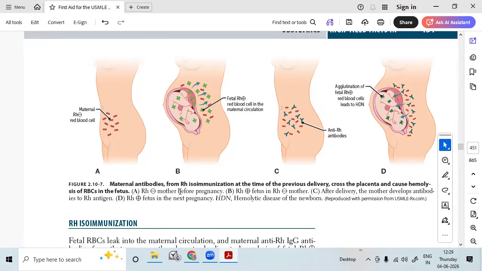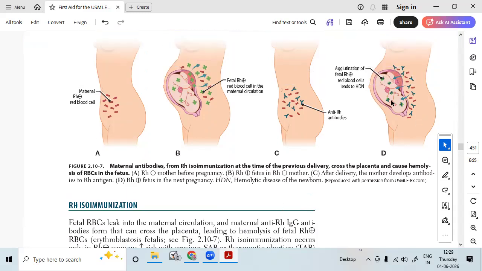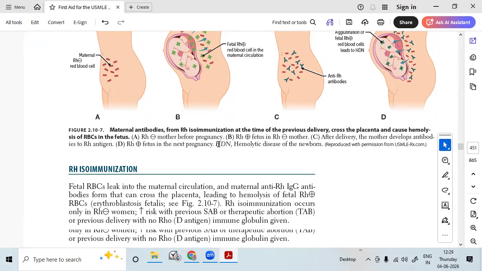An Rh negative mother before pregnancy, an Rh positive fetus in an Rh negative mother. After delivery, the mother develops antibodies, these Y-shaped structures here, which are specific to the Rh antigen. With an Rh positive fetus in the next pregnancy, there will be hemolytic disease of the newborn. They will attack this fetus in the second pregnancy.